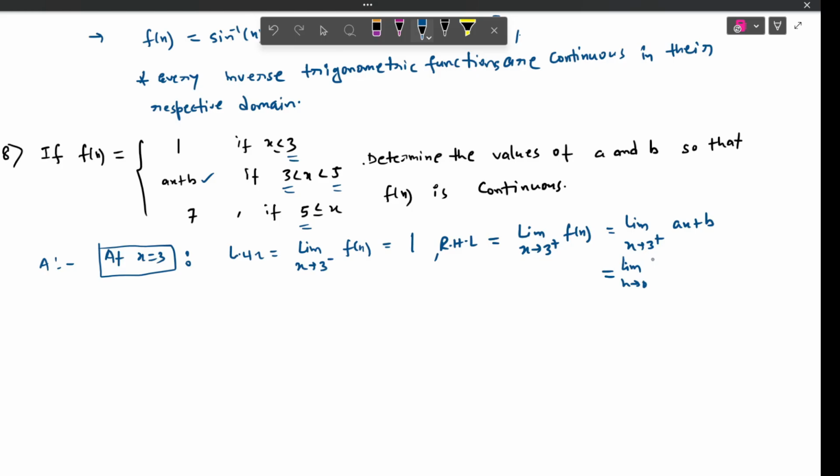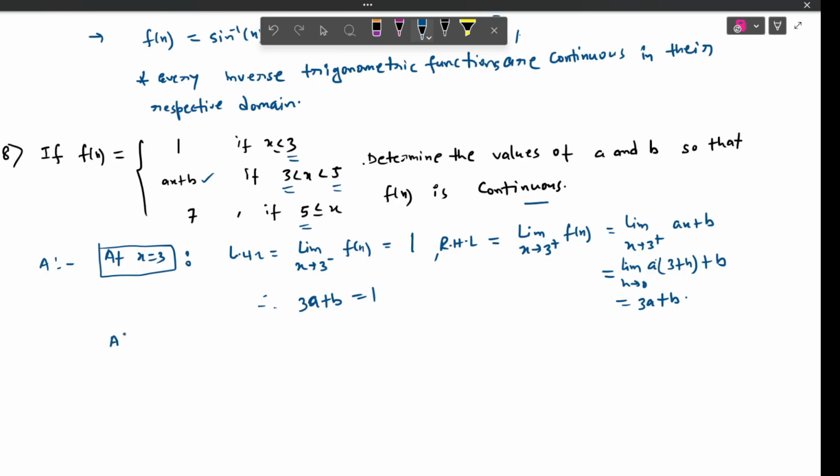Limit h tends to 0, f of 3 plus h, so a into 3 plus h plus b. As h tends to 0, this is 3a plus b. Now it is given that f of x is continuous, that means left hand limit is equal to right hand limit. So 3a plus b is equal to 1. We got one equation.